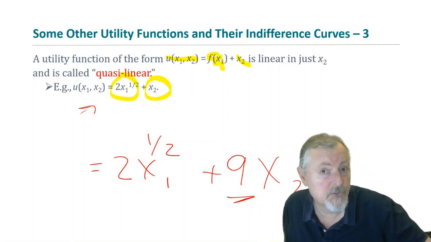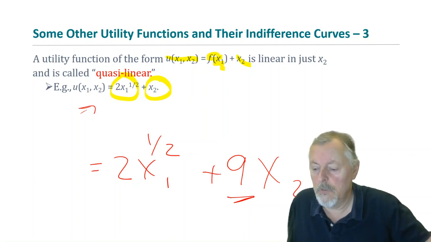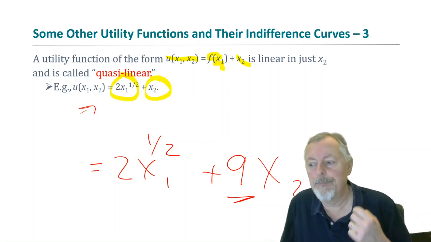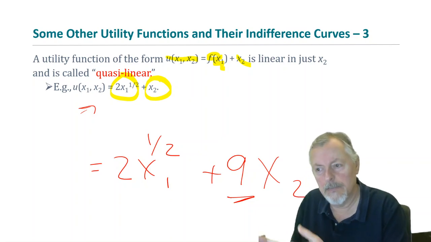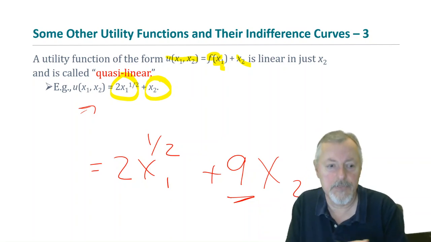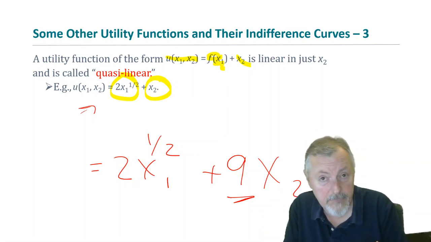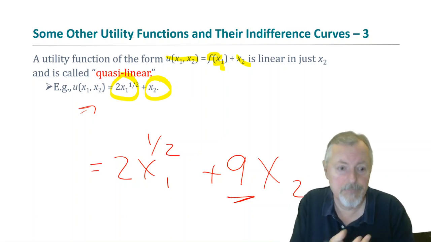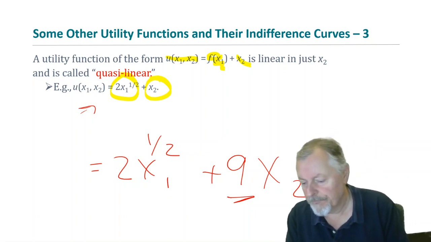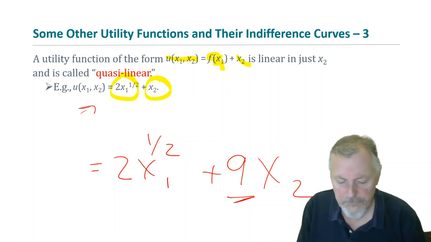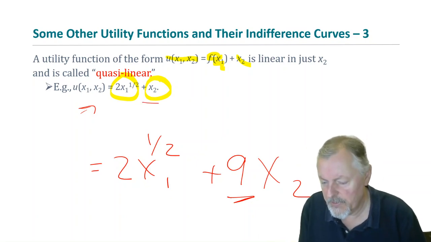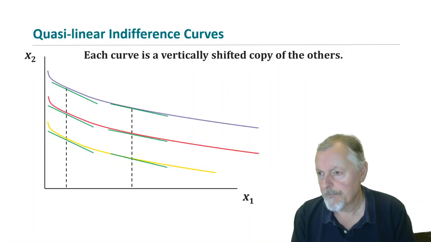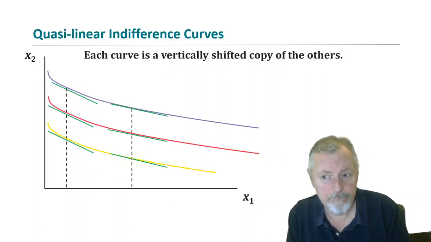Give me 1 more x2, and I will get 9 more utility units. But that's still linear. For the first unit, for the second, for the millionth unit of x2, each one will increase my utility by 9. Again, leaving the coefficient as 1, as we see here, it just makes the analysis a bit simpler. And this is what they look like.